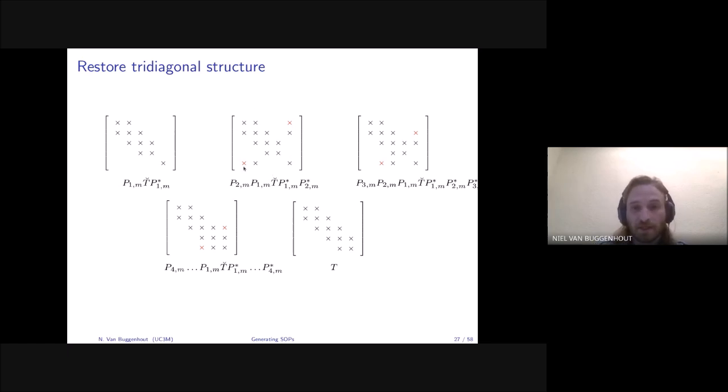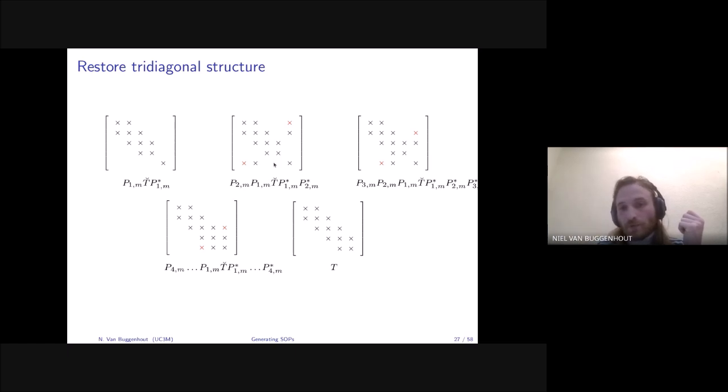However, we see that we get this structure right here, the structure also in the previous slide. And what we will do now is we will design plane rotations which get rid of these red elements step by step. So in the first part, we multiply by P2M from the left and P2M star from the right.